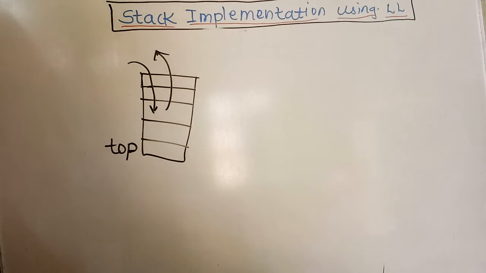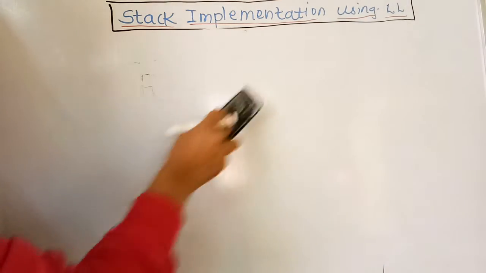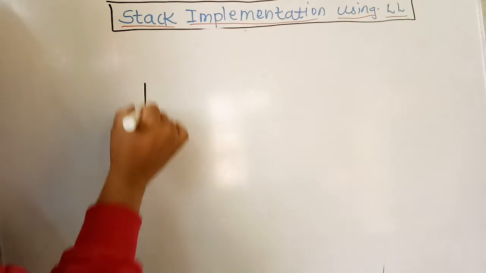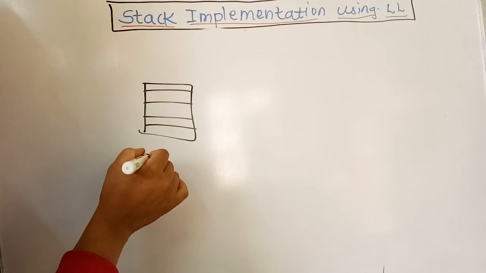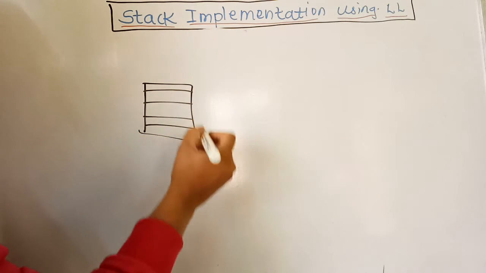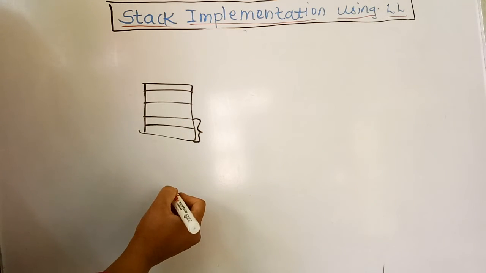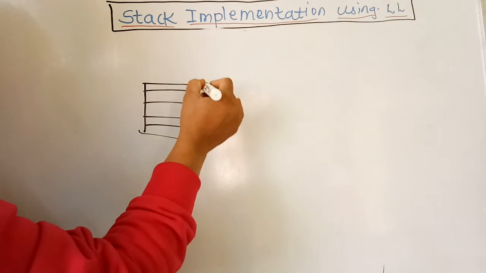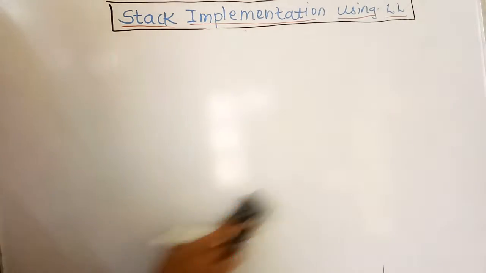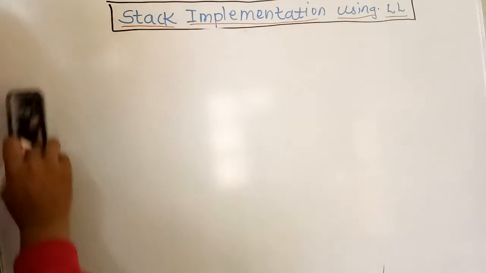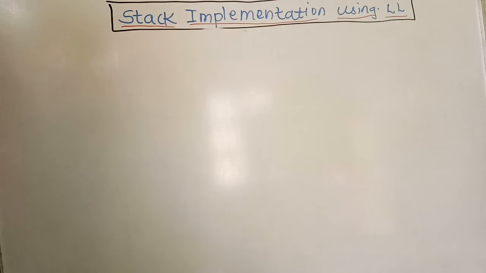So there may be a chance of a traffic jam. If you are allocating memory for 5 elements, and only 2 places are occupied by the program, then the other 3 places will be of no use. This is the wastage of memory. So there are lots of disadvantages associated with the static stack implementation.